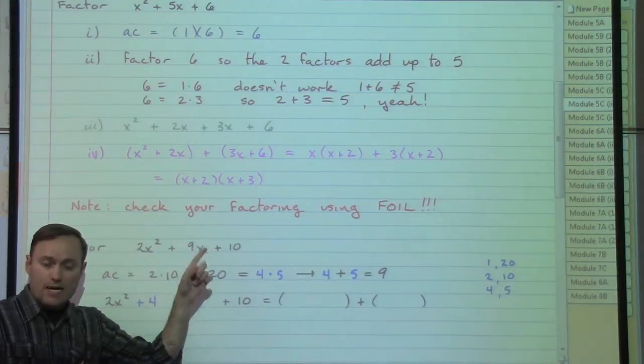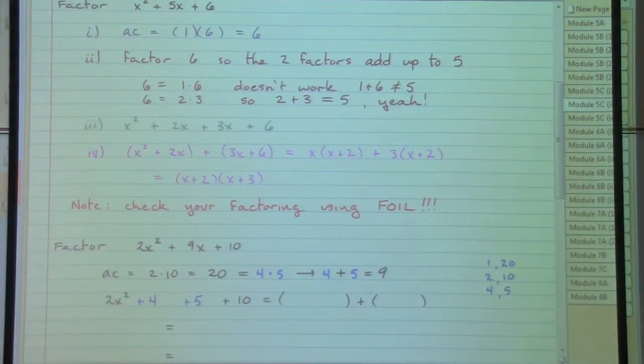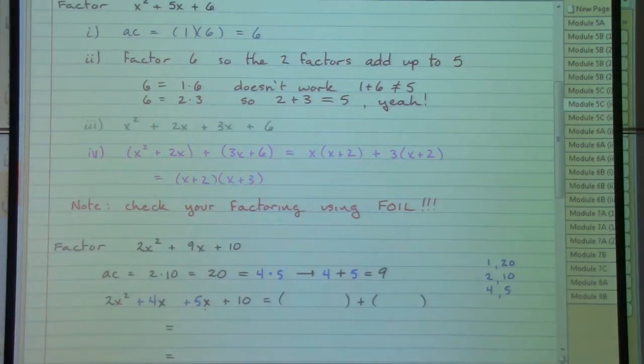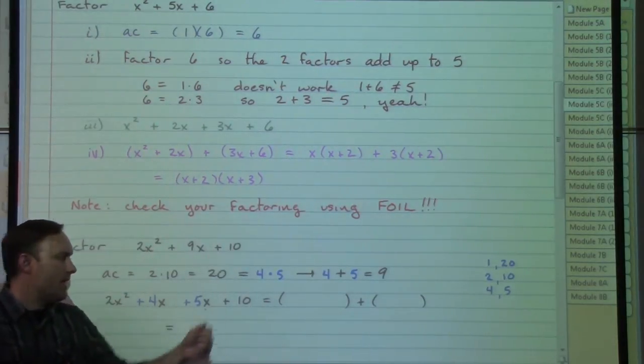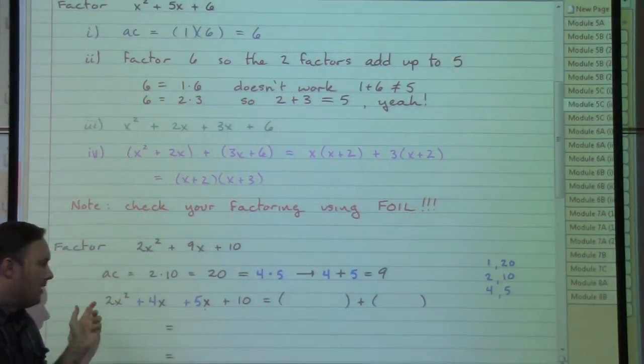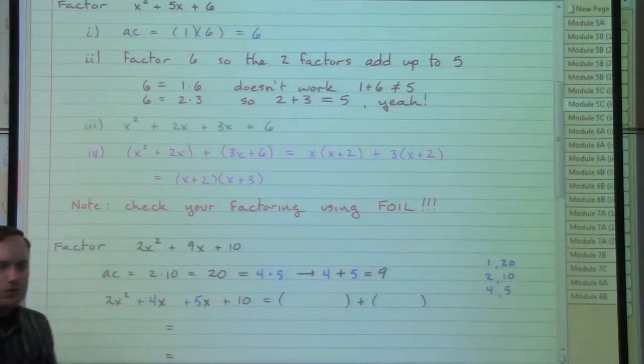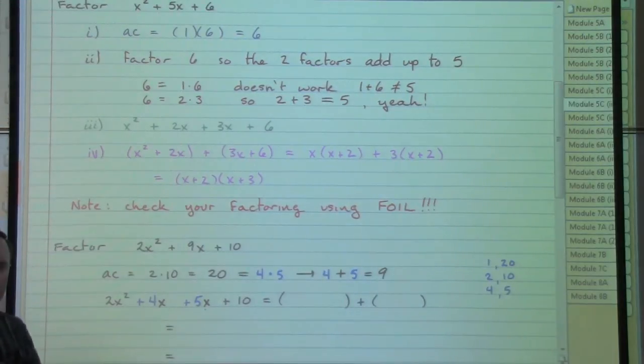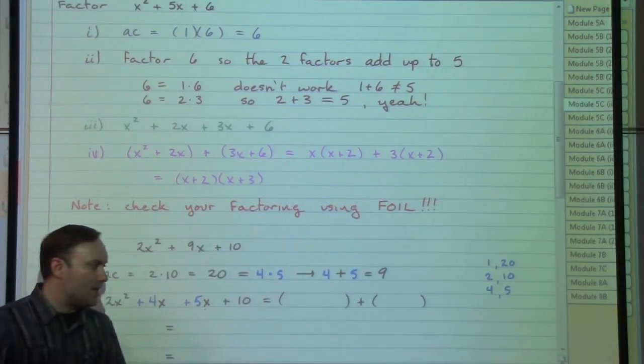Well, that's just an x. So the positive 4 does get an x, and the positive 5 does get an x. The first term and the last term of our problem, the 2x squared and the plus 10, are still going to be the first and last terms. By creating these two special numbers, I now have 4 terms, and I can work through my grouping steps.